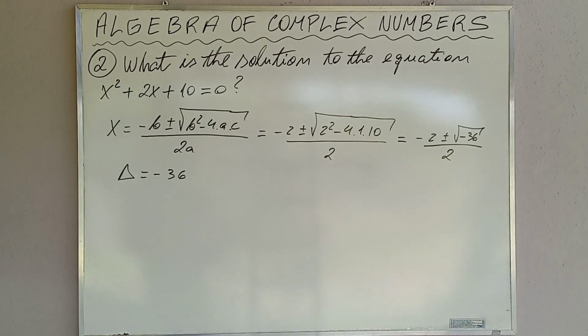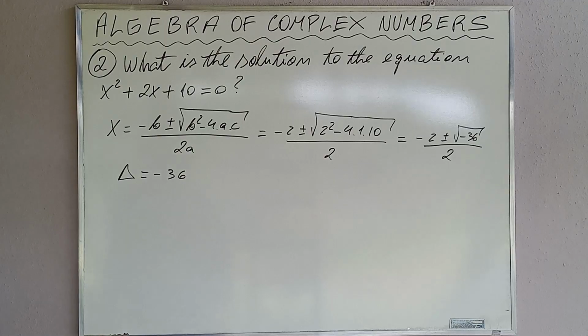Once again, we reach a stage of the solution in which we must extract the square root of a negative number. And as seen in the previous exercise, this is not defined in the set of real numbers. Thus, we must use the imaginary unit.